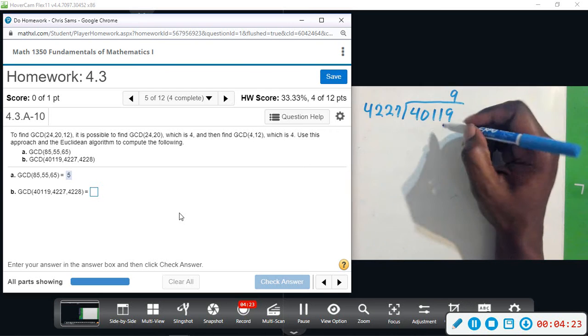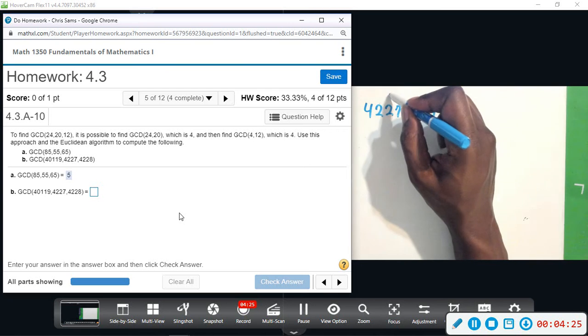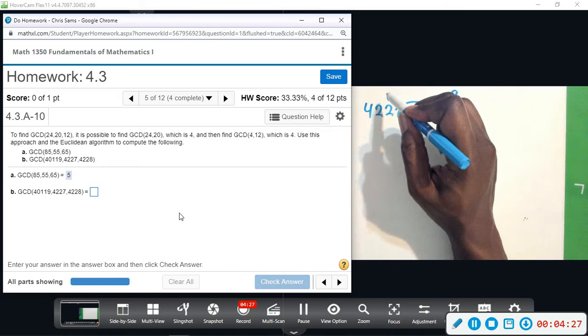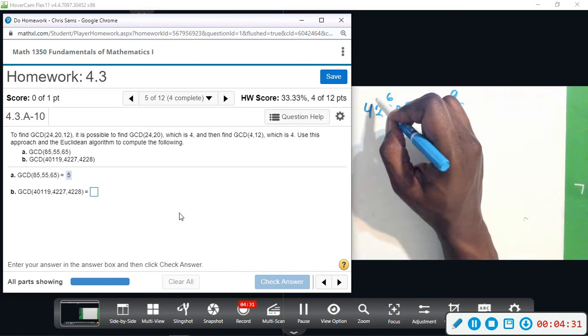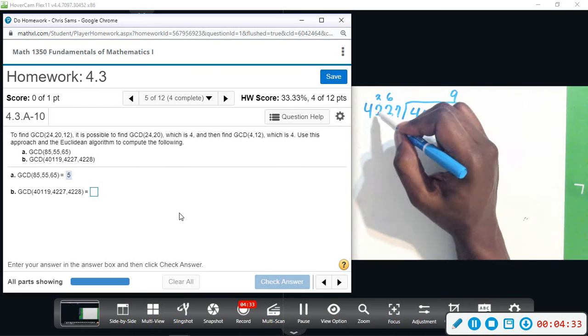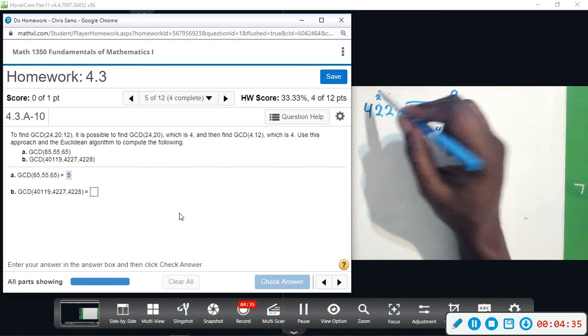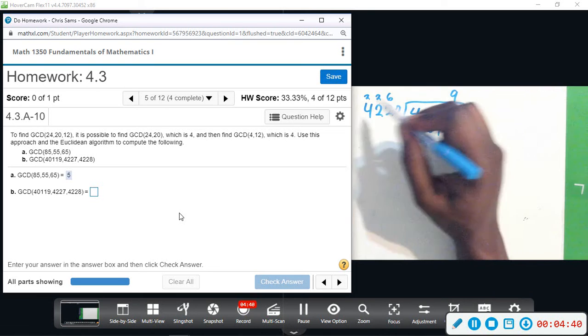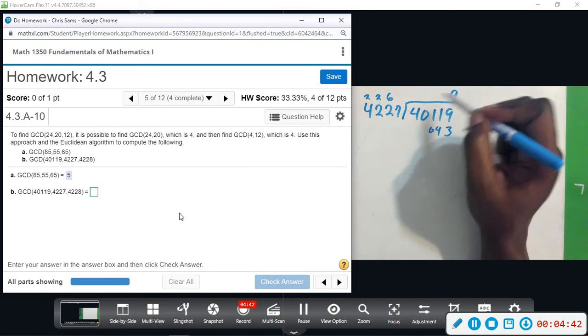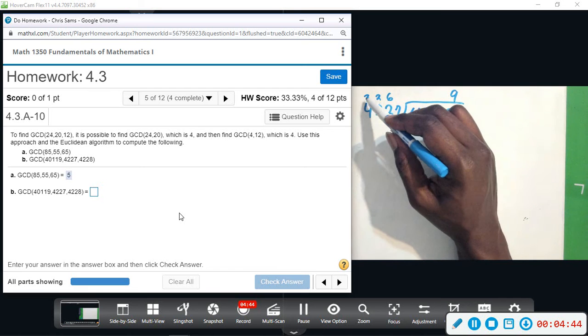9 times 7 is 63. Carry your 6. 9 times 2 is 18, plus 6 is 24. 9 times 2, 18, 19, 20. And then 9 times 4 is 36, 37, 38.